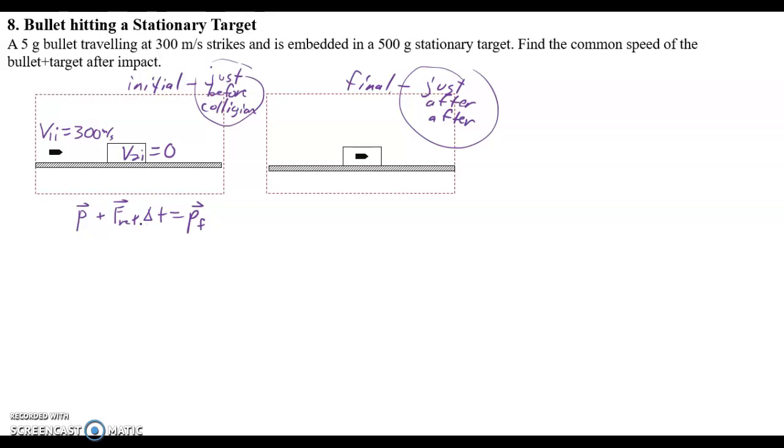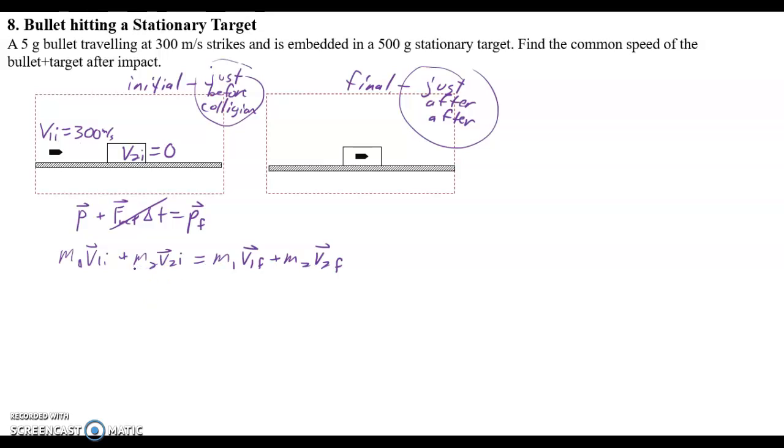Alright, so it's an isolated system, so that becomes 0, and then we get m1 v1i plus m2 v2i equals m1 v1f plus m2 v2f.